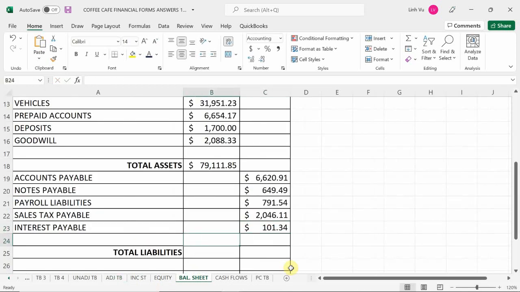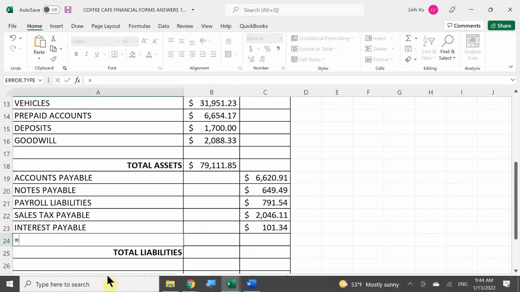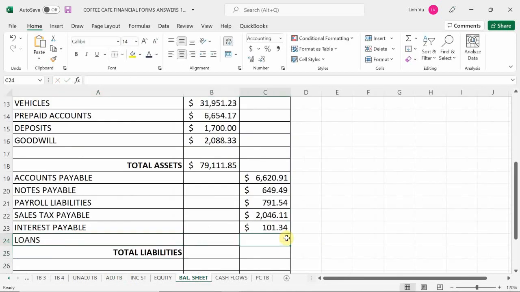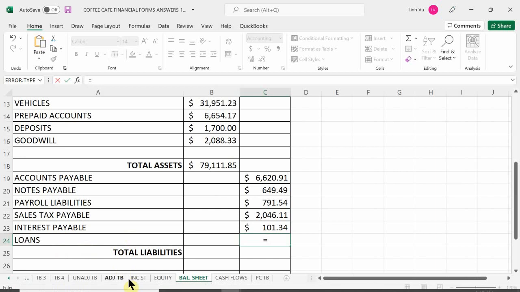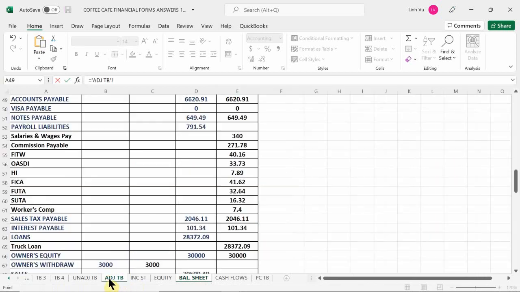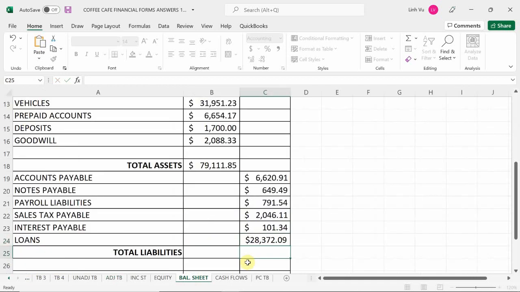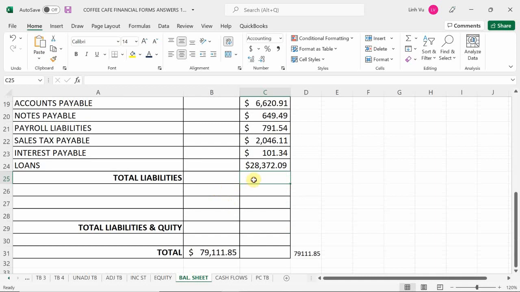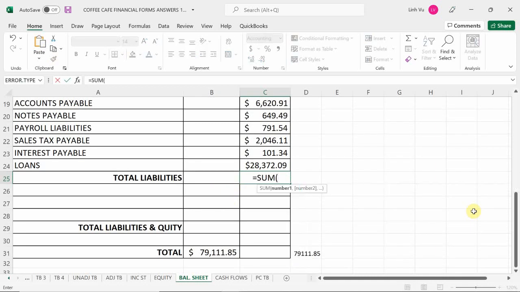And then last but not least, we have our loans. That is currently at 28,37709. So I'm going to go ahead and tally up my totals for my liabilities.